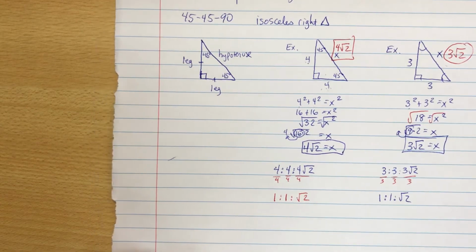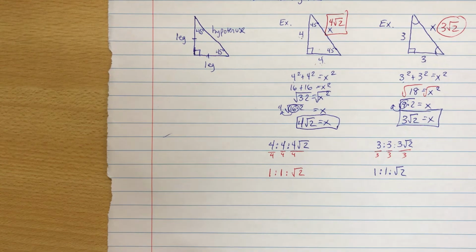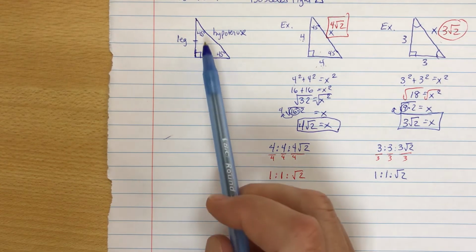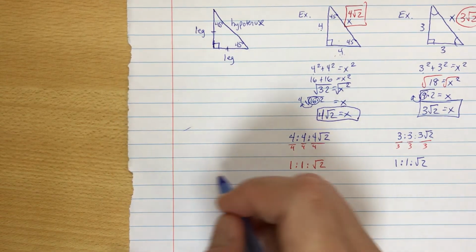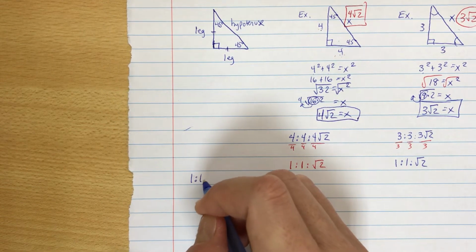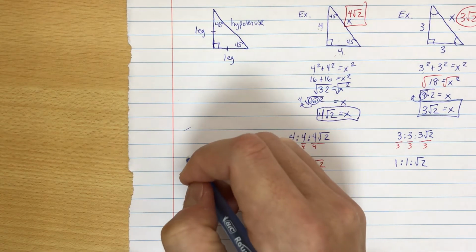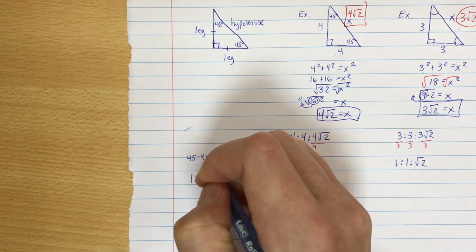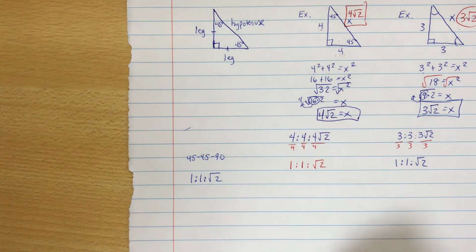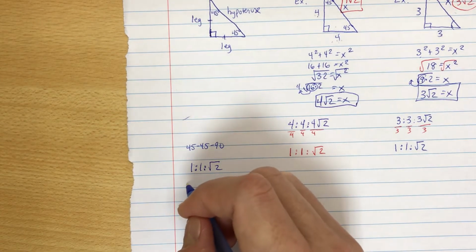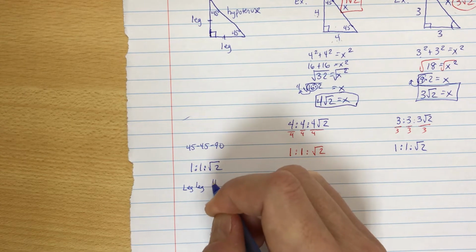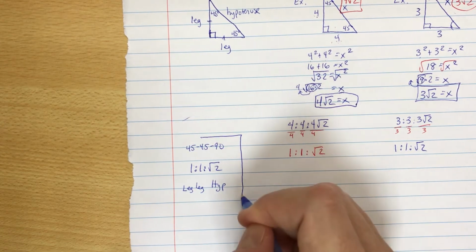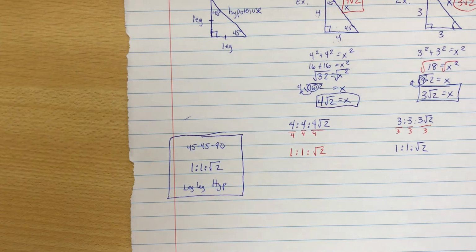So the way that I remember this is that when we have a 45-45-90 right triangle, the ratio of the sides is always 1 to 1 to the square root of 2. 45, 45, 90, those are the angle measures, and the ones are the ratio of the legs. So leg, leg, hypotenuse. This is how I remember it.